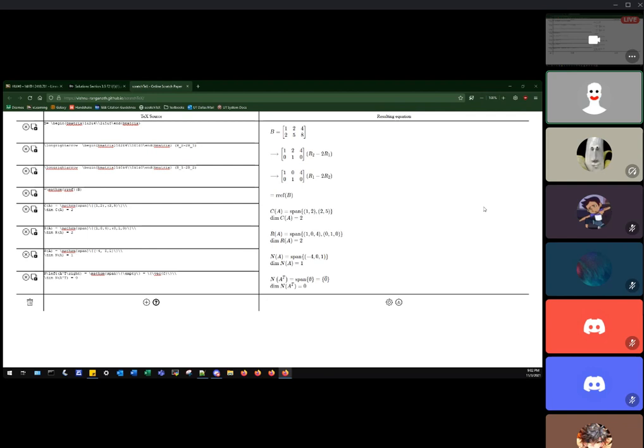You don't want to do all of it. I'm not sure if you can reuse the RREF. No, you can't. You'd have to do the RREF again, which is the annoying part, all over again. And then find the RREF.